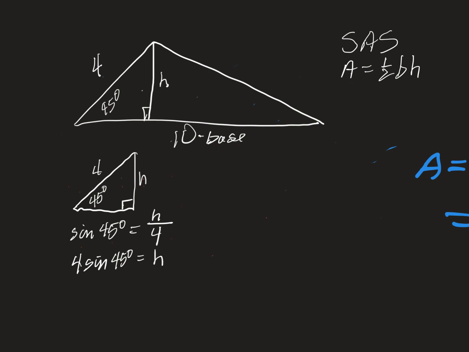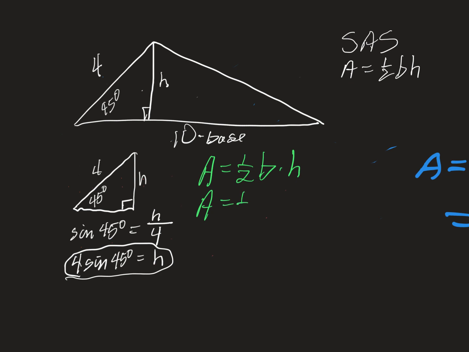Now, before I punch this in a calculator, I can substitute this expression for height into my expression for area. As we said, the area is equal to 1/2 the base times the height. So the area of this triangle is 1/2 the base, 10, times the height, which is 4 times the sine of the angle in between.